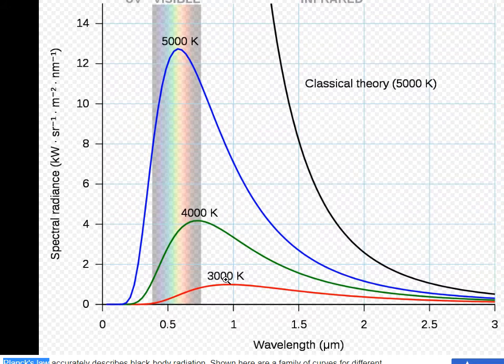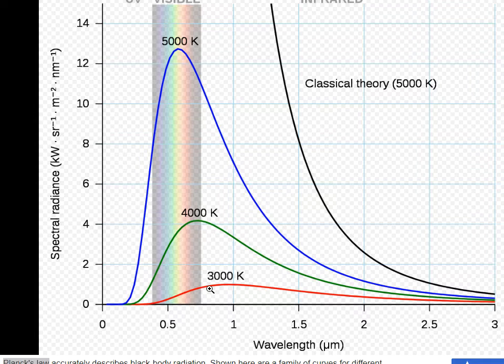In a 3000 Kelvin star, it's kind of a cold star. You have a lot of infrared light and just a little bit of visible light and just a tiny bit of ultraviolet light over here at the edge.